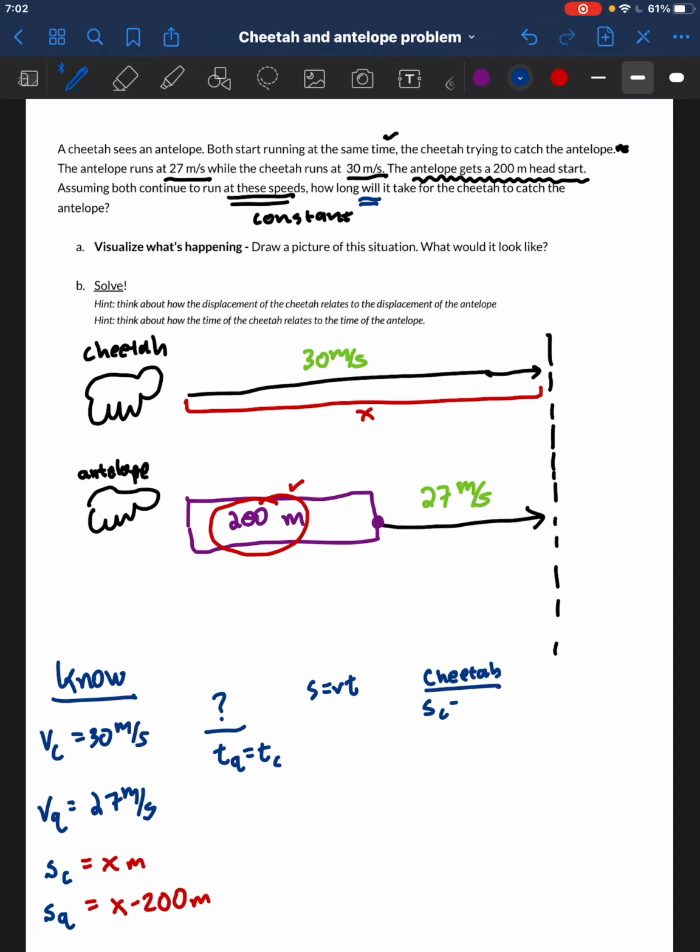There's not a separate time for the antelope and the cheetah because we're looking for the point at which these times are equal. All right, and now I have my poor little friend, the antelope. Maybe they're just going to play. The problem doesn't tell us. The antelope will actually be dinner. All right, so S of A, displacement of the antelope, equals velocity of the antelope times time of the antelope. So S of A was x minus 200 equals velocity, 27, times time.